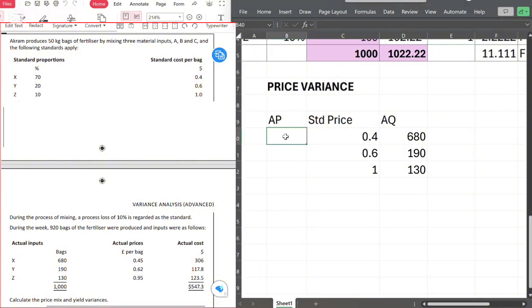The actual prices are 0.45, 0.62, and 0.95, so I'm going to put them here.